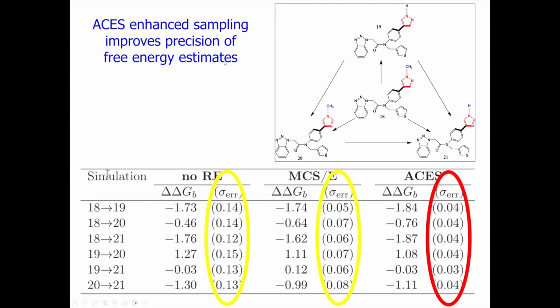So ACEs enhanced sampling will essentially improve the precision of the free energy estimates and also their robustness. Okay. So now we've talked about optimized alchemical transformation pathways, and we've talked about the ACEs method.